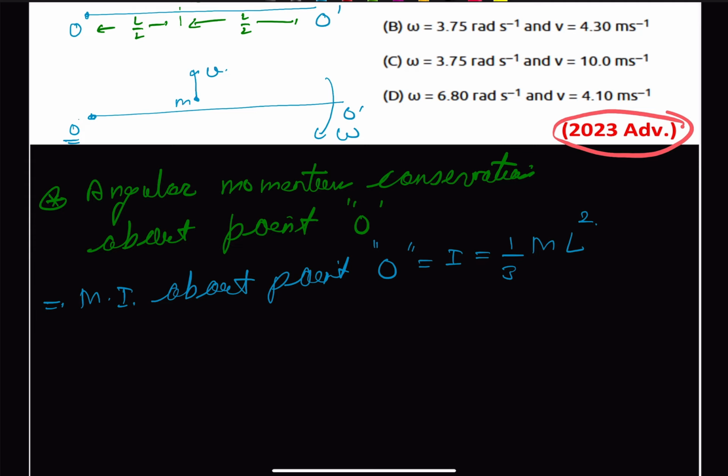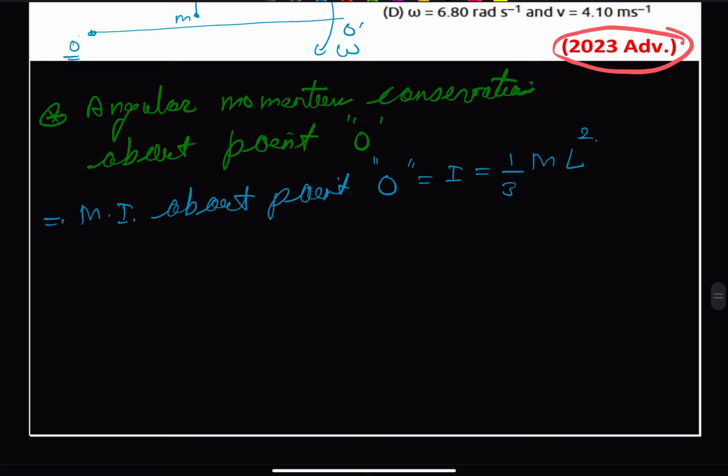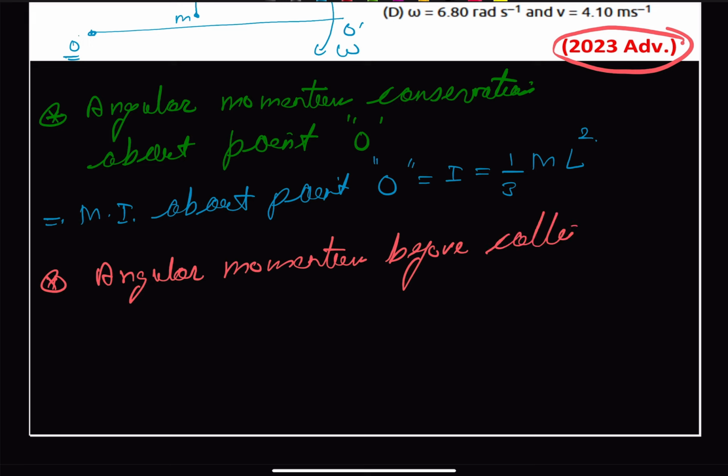One will be before collision, other one will be after collision. So we can say angular momentum before collision, and the rod is stationary, only small mass m is moving.